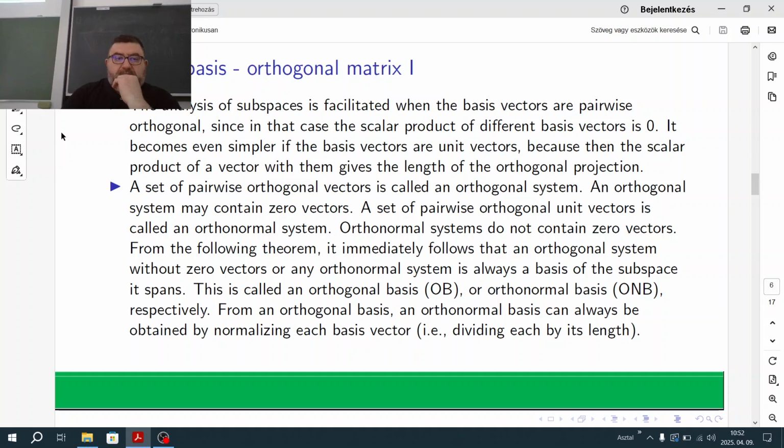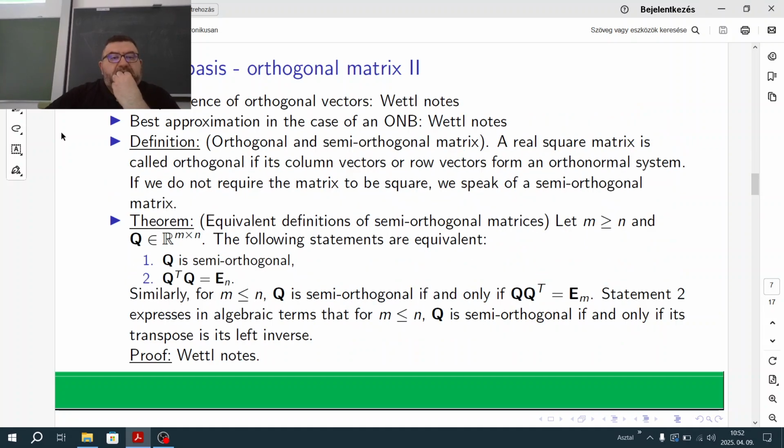Okay, let's continue. You can define the independence of orthogonal vectors. It is in the notes. I didn't explain what the best approximation is, but for an orthonormal basis you can also do this. Doesn't matter, it is in the notes, in Hungarian. You don't speak Hungarian, doesn't matter. Which is important here? Orthogonal and semi-orthogonal matrix.